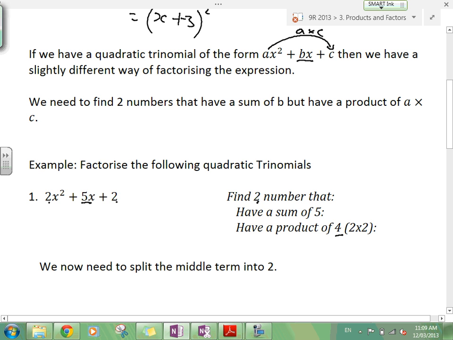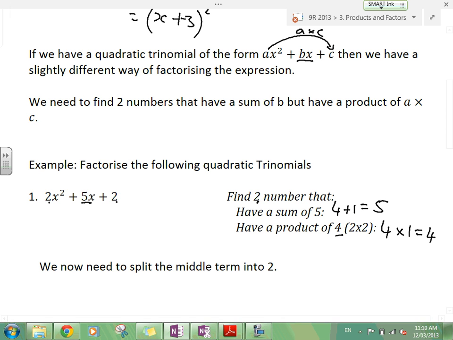You have to multiply whatever two numbers you're looking for, they have to add up to 5, and they have to multiply to 4. Okay, and in this case both are positive. So what are the two numbers that we're looking at? It is 4 and 1. Okay, 4 times 1 is 4. So that's good. And we've got 4 plus 1 is equal to 5. So those two numbers satisfy the conditions that I've set.